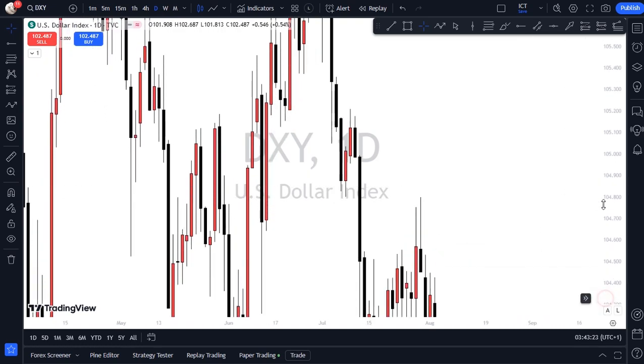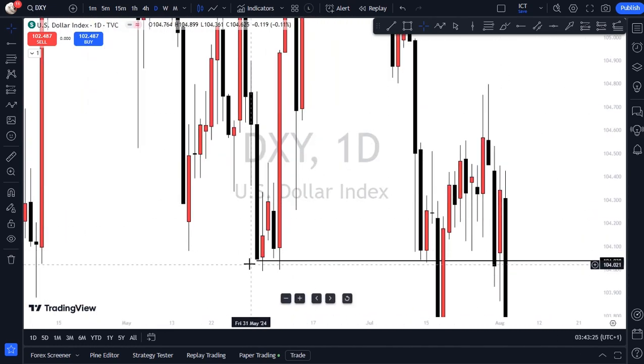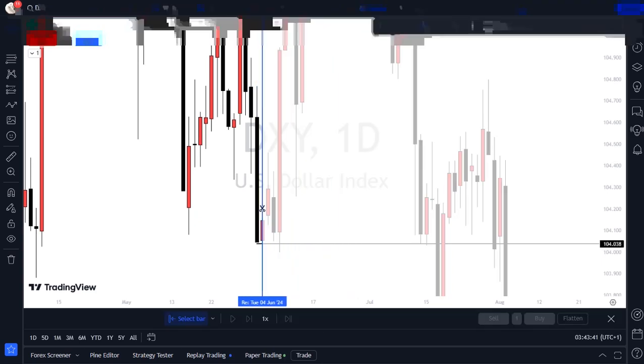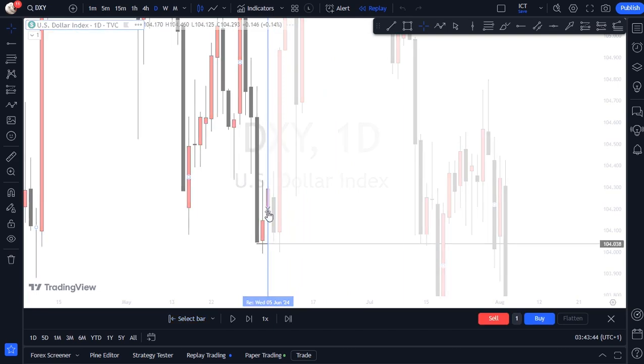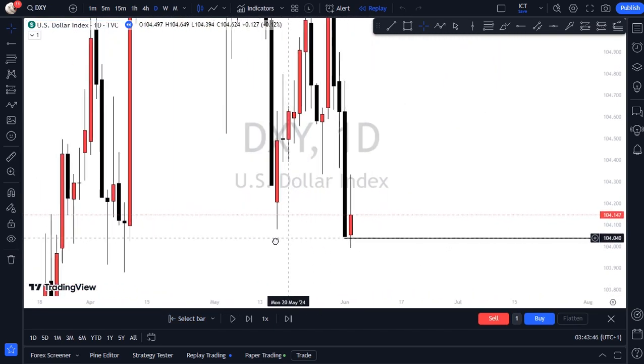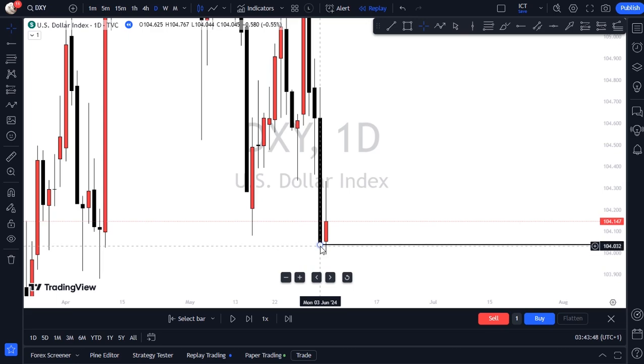Watch closely, this was exactly what I just explained. This level you are seeing here is no longer fresh. Do you know why? Can I use my replay to check for that? Okay, good. So at this point in time, this level is fresh.